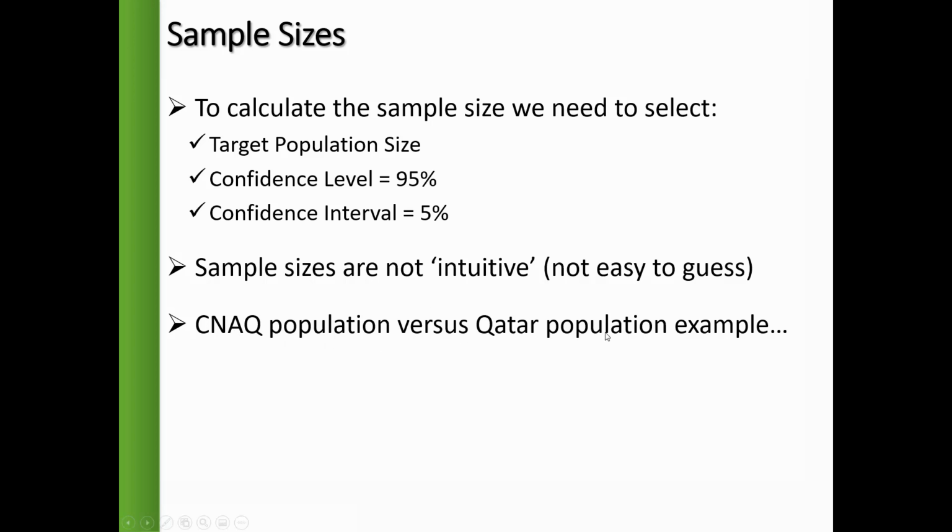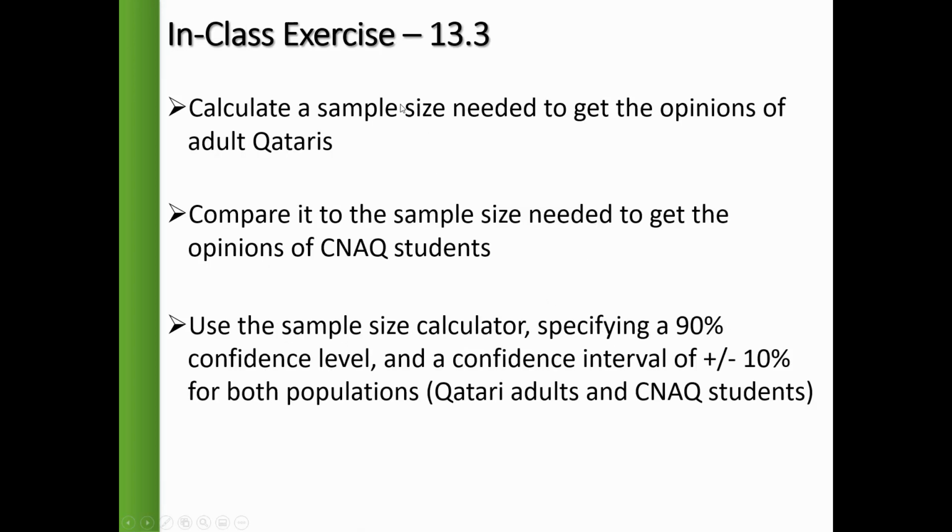CNAQ population for Qatar population example. Okay, calculate the sample size to get the opinions of adult Qataris. So research the population of adult Qataris. Find out what sample size, how many people you need to ask to get the opinions of adult Qataris, and for it to be somewhat accurate.